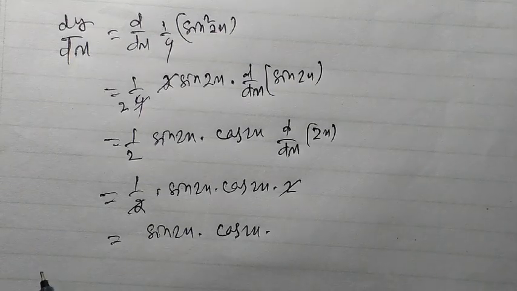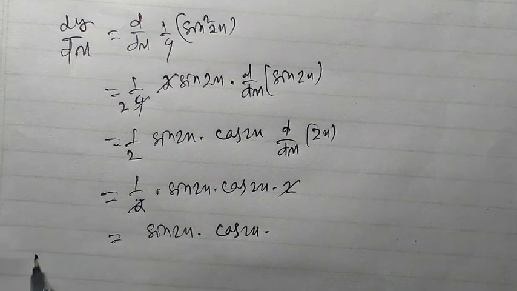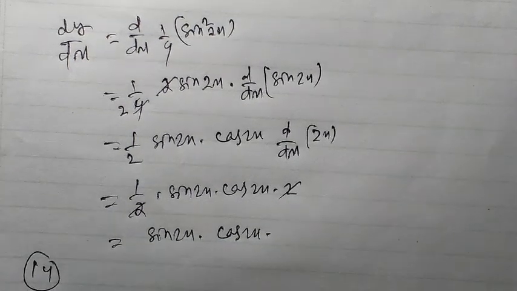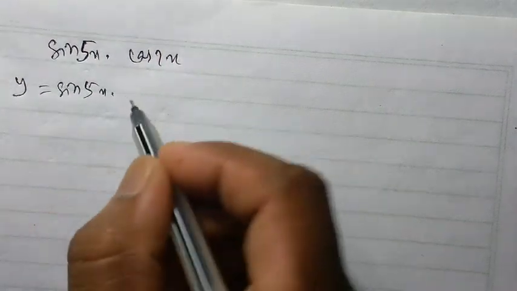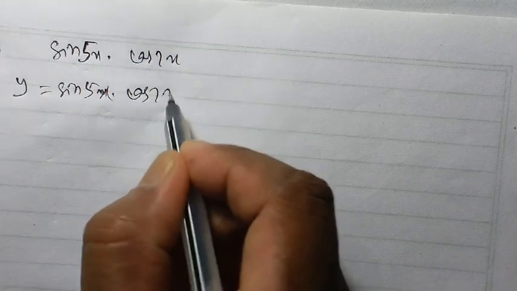Okay. You see next problem number 14, that is sin 5x cos 7x. Given sin 5x cos 7x, I can take y is equal to sin 5x into cos 7x.